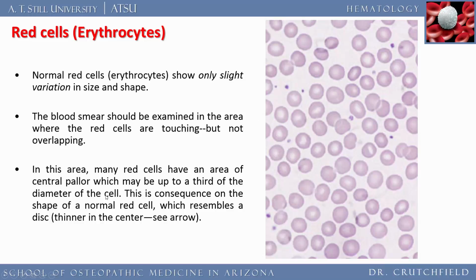And you'll notice that in most of the red cells, this reflective area will take up about a third of the size of the red cell. But if it reflects more than that, you could have hypochromasia, meaning it doesn't stain darkly enough because there's not enough iron within the person's body, and they could have iron deficiency anemia.